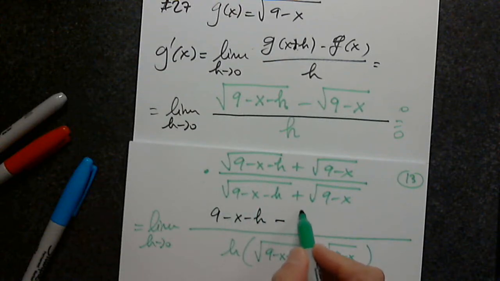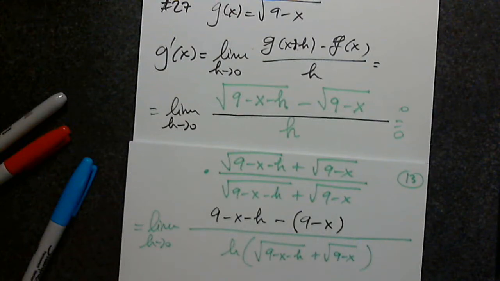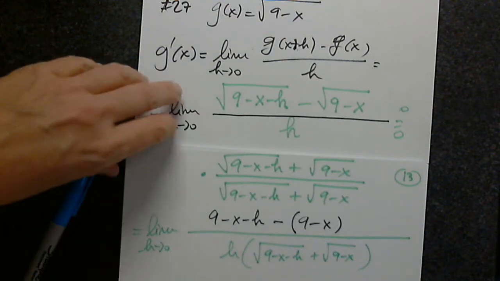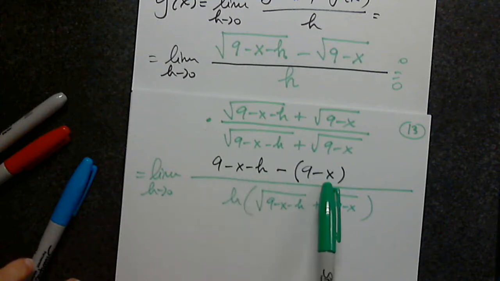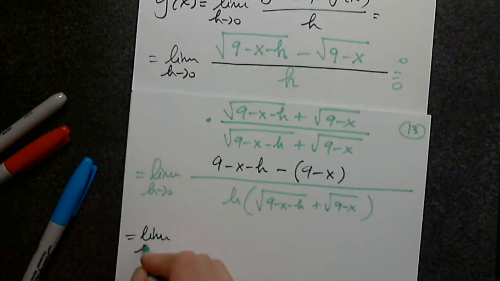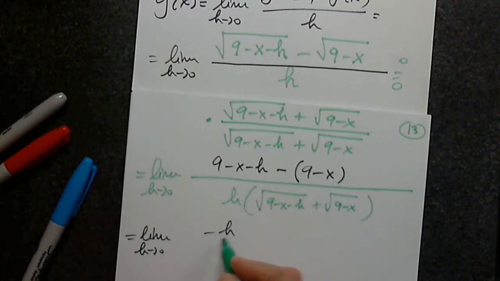And then minus, it's safer to write minus first and then in parentheses and distribute later and not to forget. So the 9's will go away and the x's will go away, right? As expected, we know that. So the numerator is just negative h.